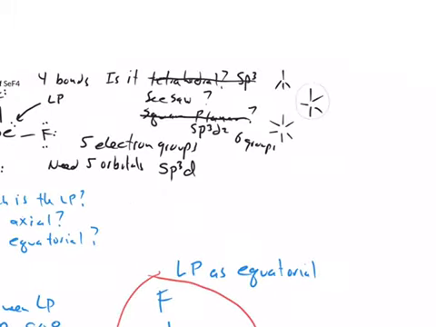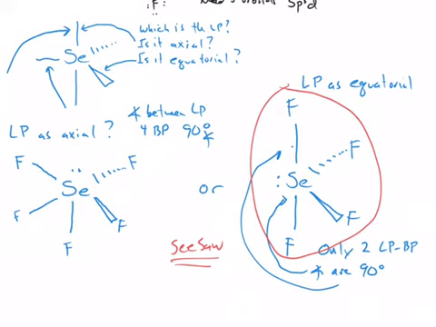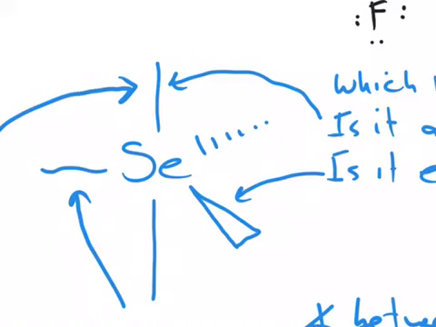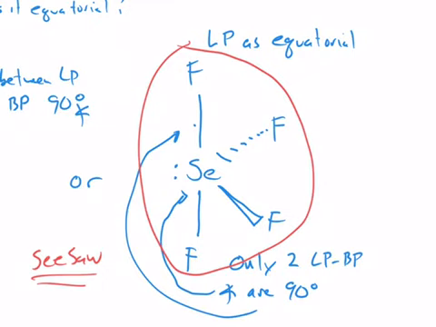The problem then is that you've got to decide, do we remove the axial pair and put the lone pair up here at the top, or is it going to be here on the equatorial? And the answer is the lone pair is going to go equatorial, not axial, because it allows the angle between this lone pair and your bonding pairs to be the greatest distance.